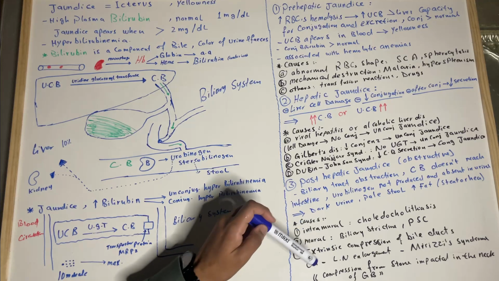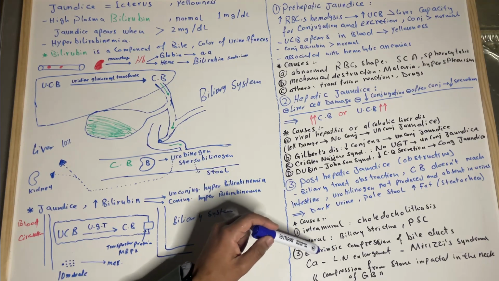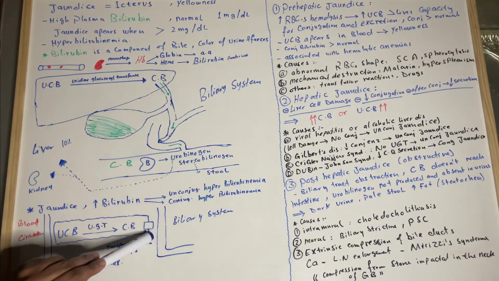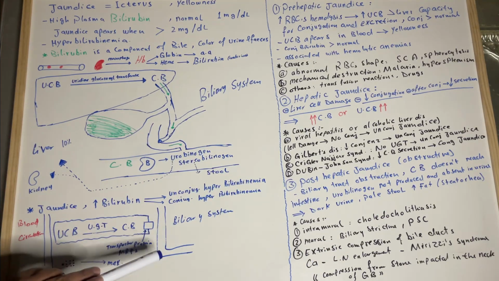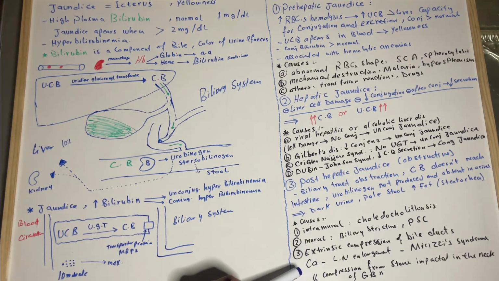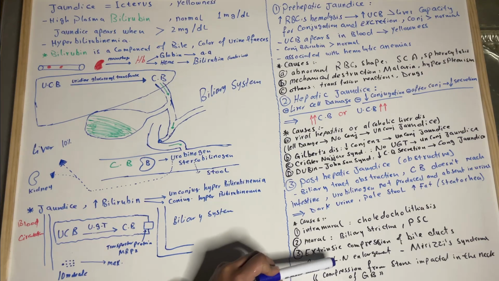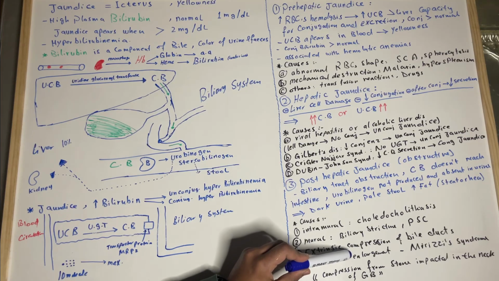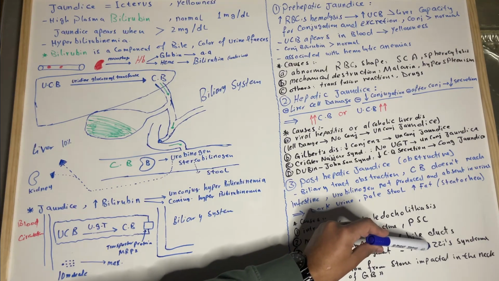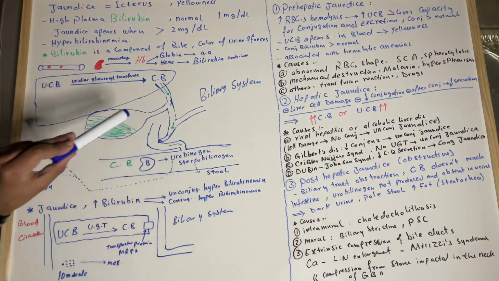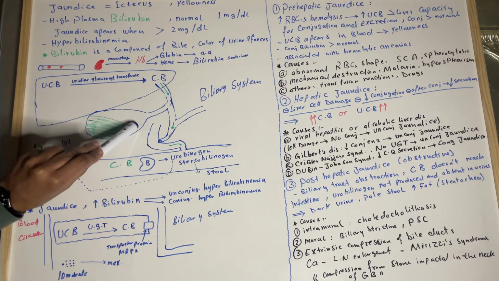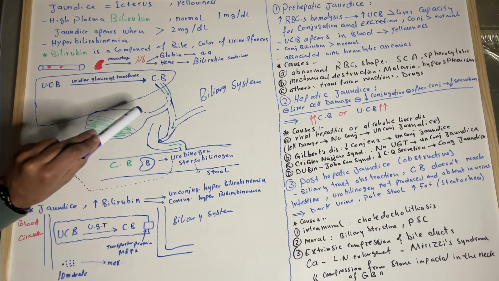The third cause of post-hepatic jaundice is extrinsic compression of the bile duct. So there is compression of the bile duct from outside, like what happens in pancreatic head carcinoma or lymph node enlargement, especially inside the porta hepatis, or what happens in Mirizzi syndrome. Mirizzi syndrome is a stone found in the gallbladder neck, but it's large enough to compress the common bile duct.